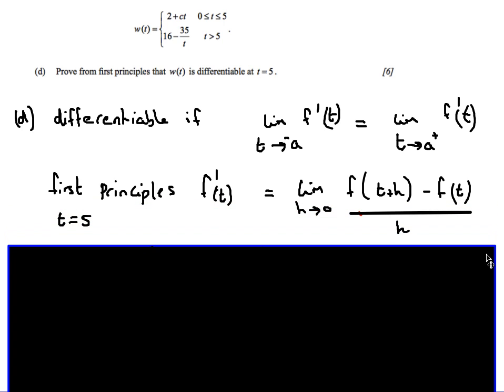And also remember, when we're looking at first principles, what we're basically doing is we're finding the limit as h approaches 0 of f of, well, in this case here we're using t, so f(t plus h) take away f(t) all over h.